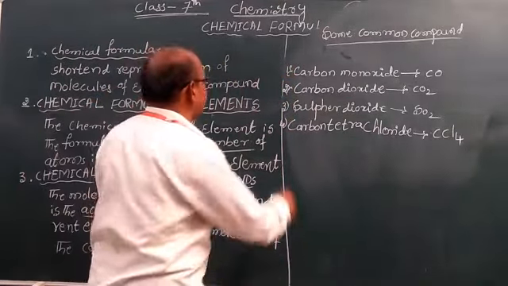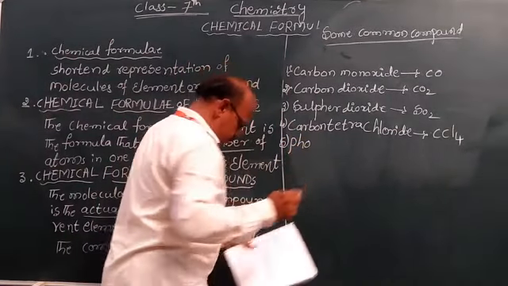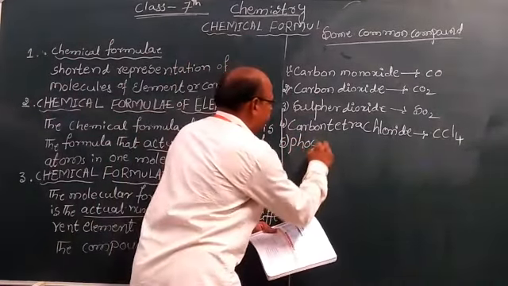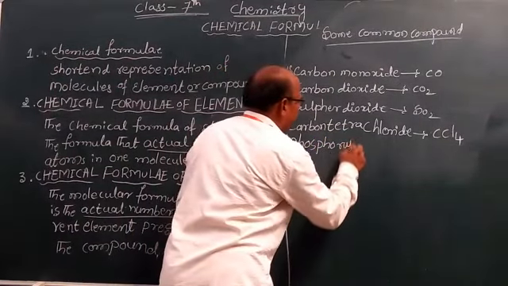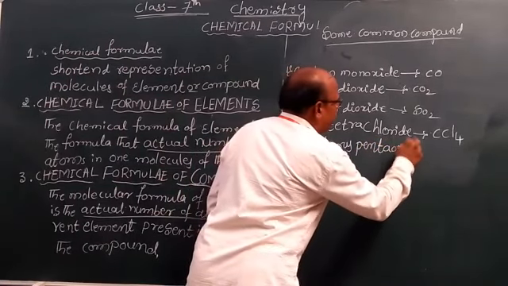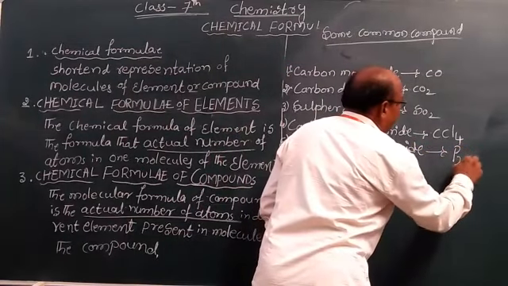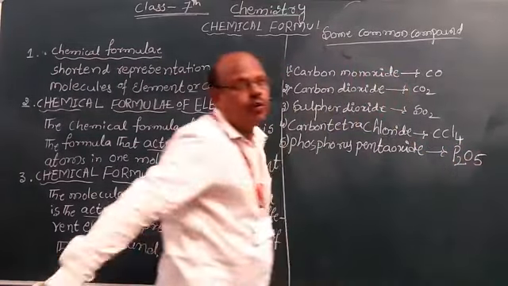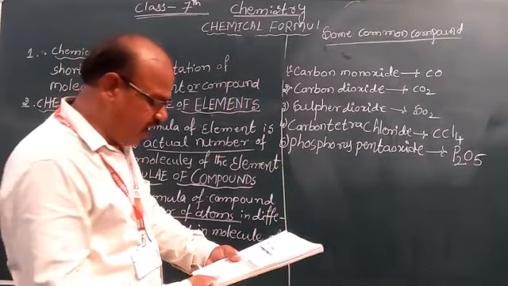Next one is phosphorus pentoxide, P2O5. This is the formula of phosphorus pentoxide.